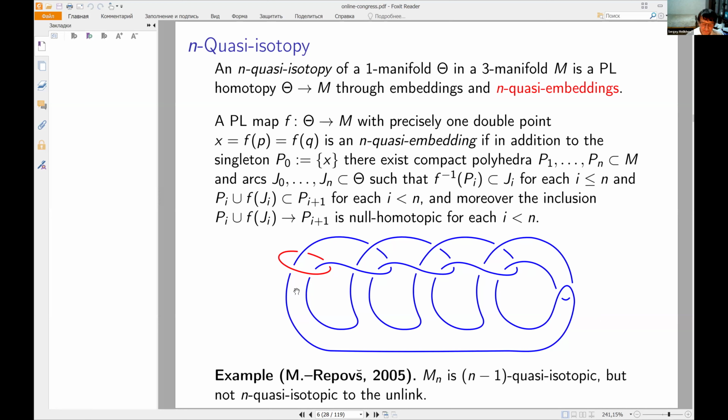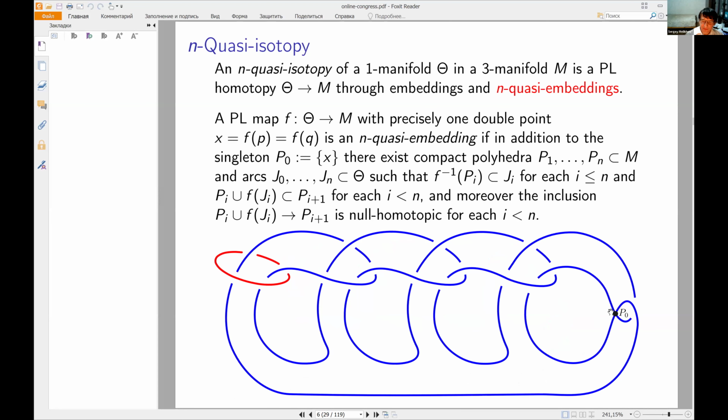So we unlink our link by making this one crossing change. And so it's enough to look at this intermediate singular link with one double point and to show that it is 3 quasi-isotopic to the unlink, if we want to show that Milnor's link M4 is 3 quasi-isotopic to the trivial link.